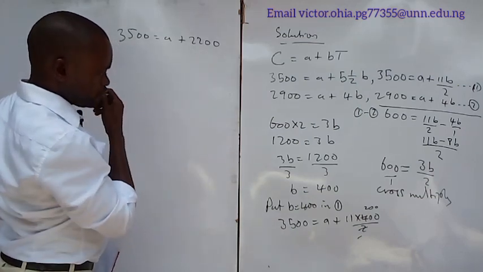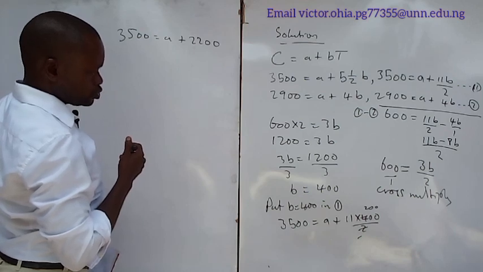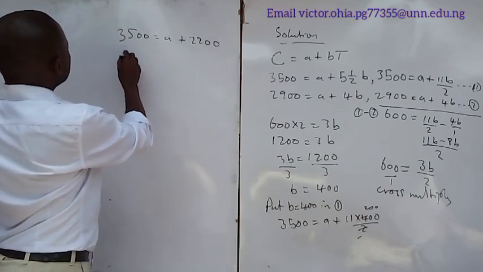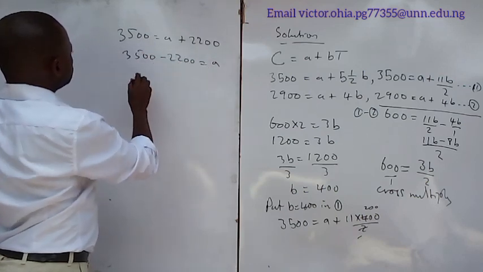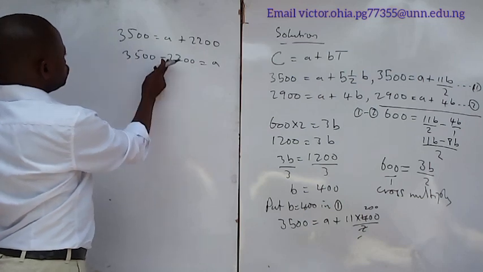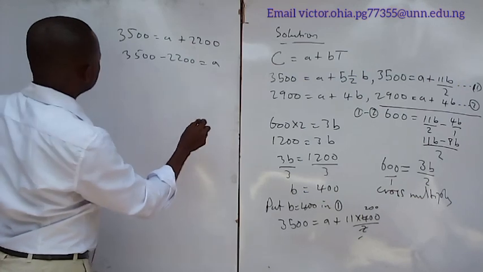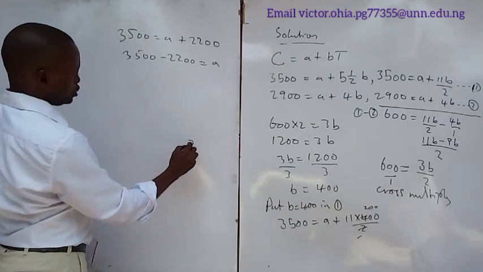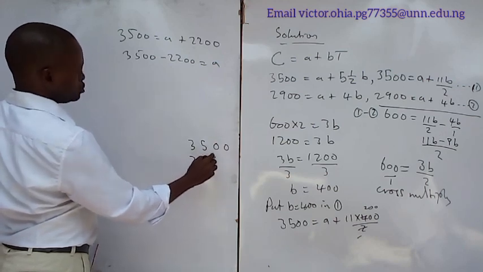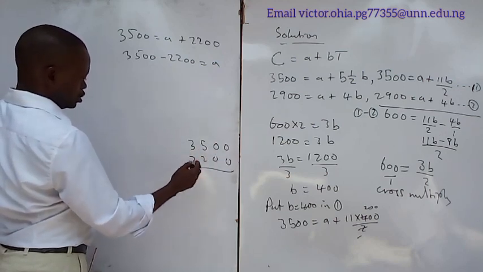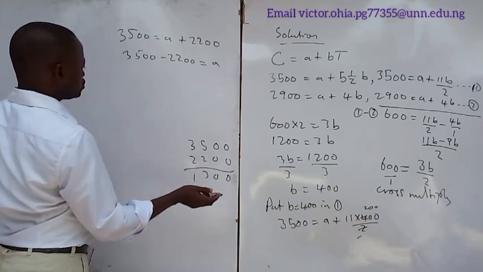What we have now is just to collect the like terms. We have 3,500 minus 2200 equals A. I have my calculation already, but let's just play around: we have 1,300.